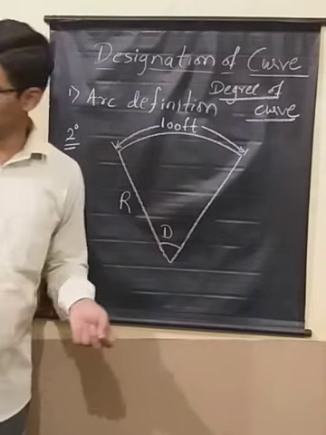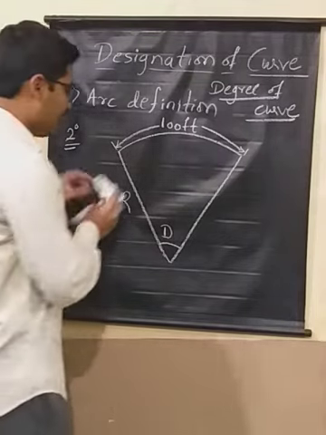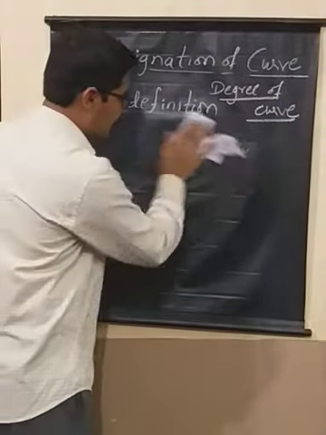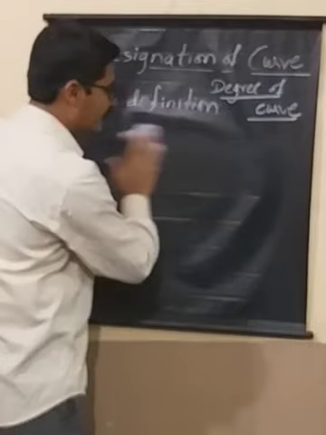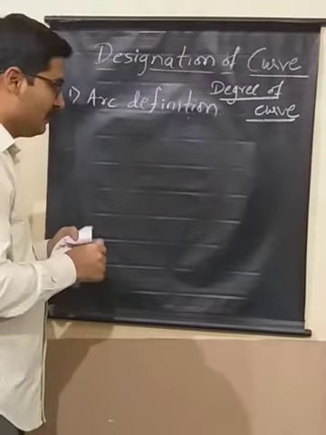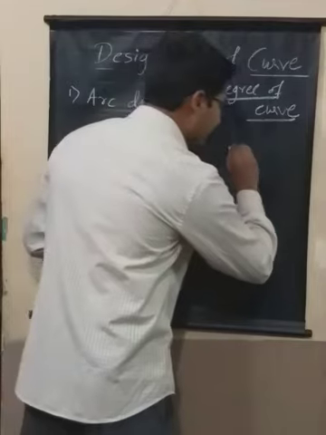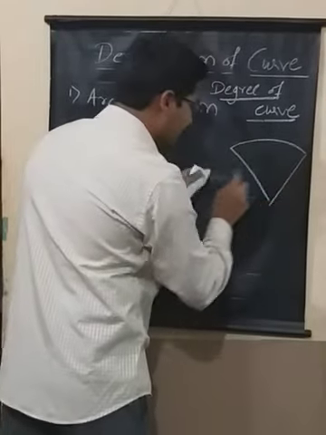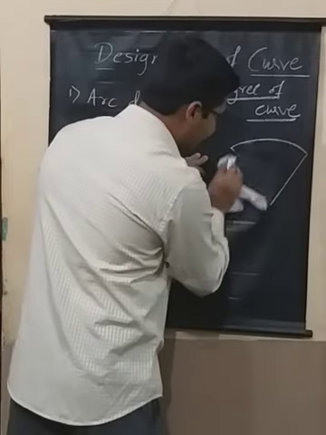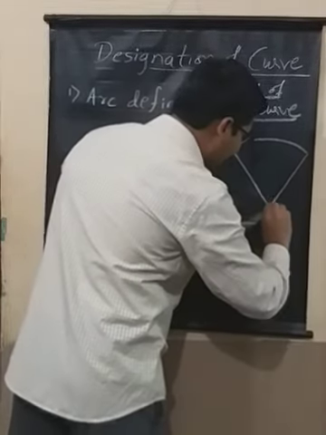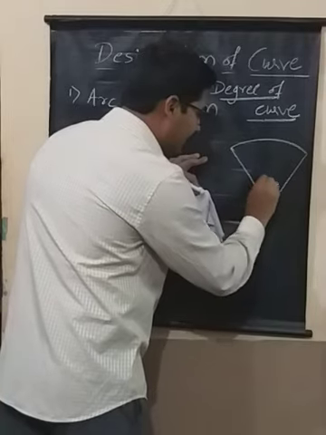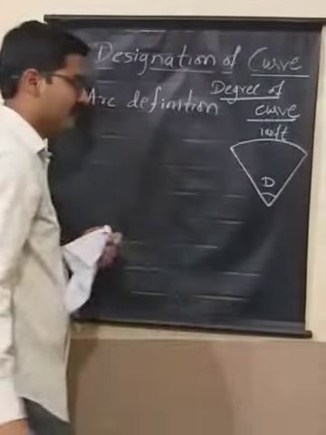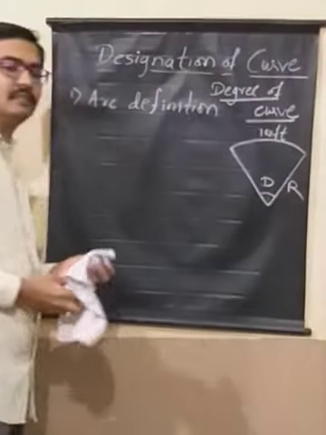I will just make a smaller diagram so that we can derive it. The same diagram that we had here, I am going to draw it here. So D is the degree of the angle and this is 100 feet, remember, and this is the radius of the curve.